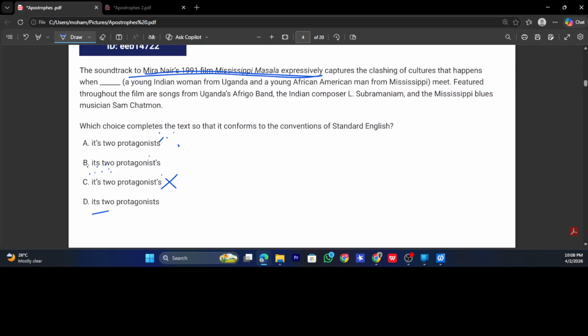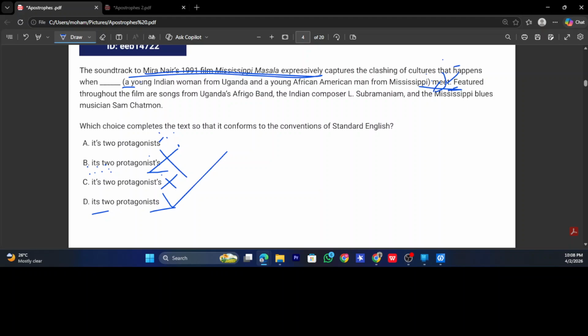And if you look at what comes after, it is not a noun or belonging to any of these. So B is crossed out.